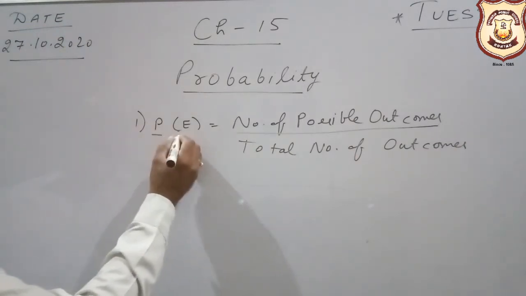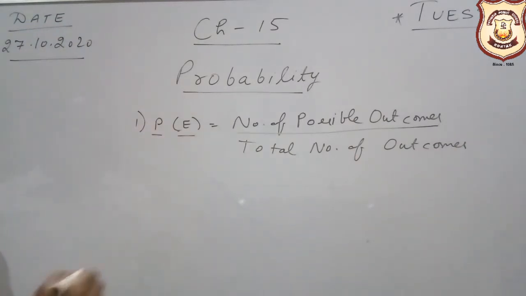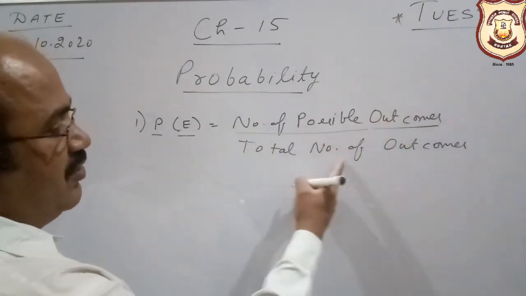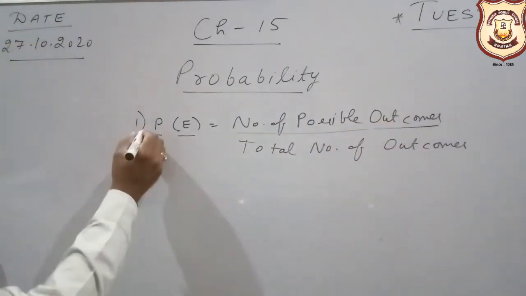P(E), probability of any event, is equal to number of possible outcomes upon total number of outcomes.